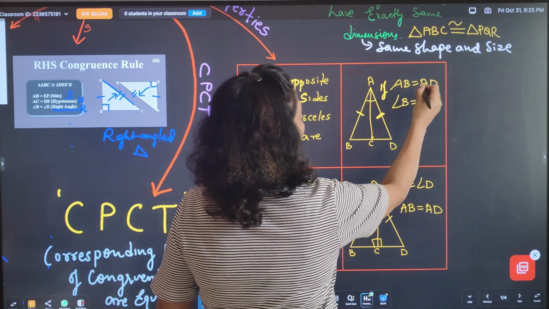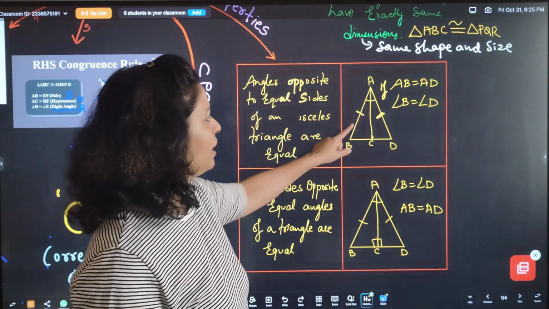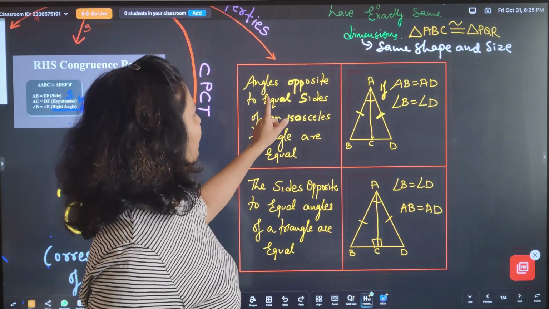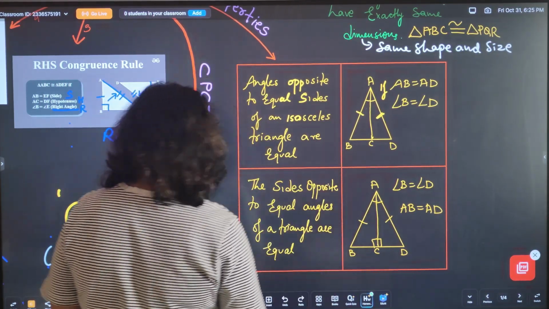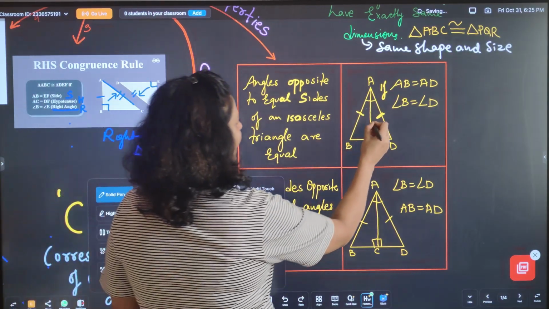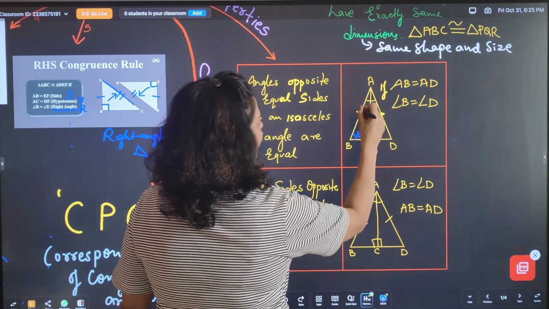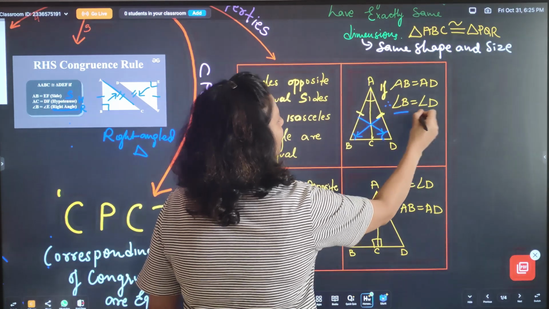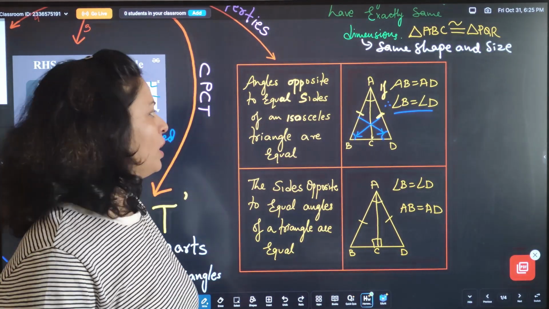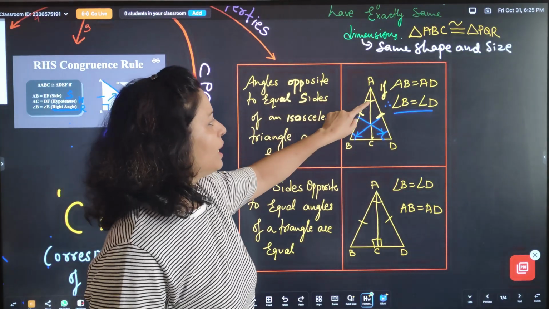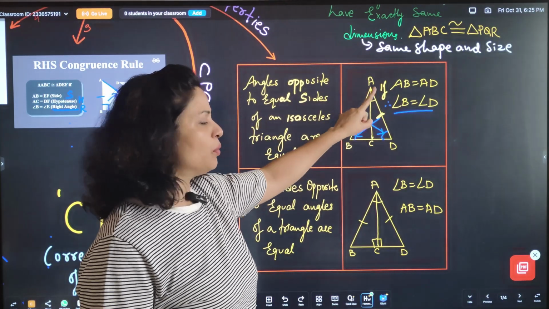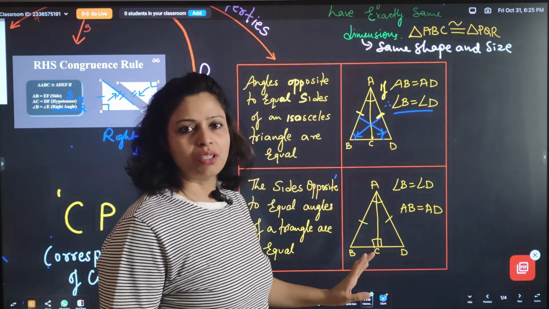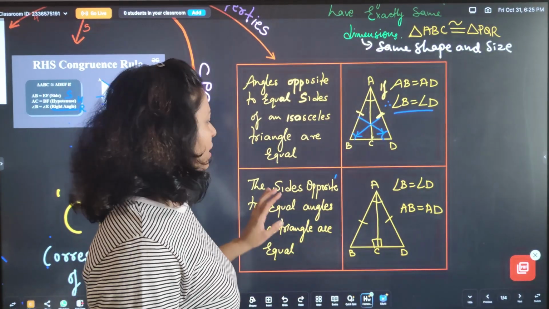The angle opposite to AD is angle B and the angle opposite to AB is angle D. Then we can say angle B is equal to angle D. So if two sides of a triangle are equal, here AB equal to AD, then the angles opposite to these two sides will be equal to each other. That is the first theorem related to isosceles triangles.